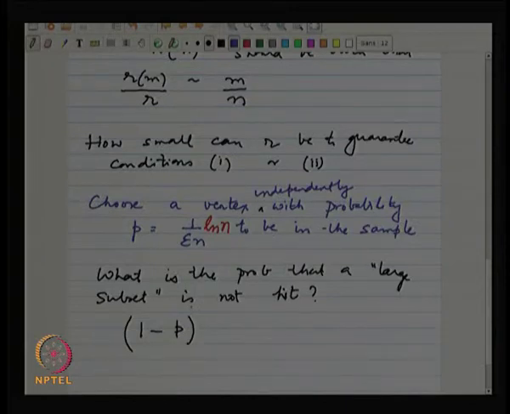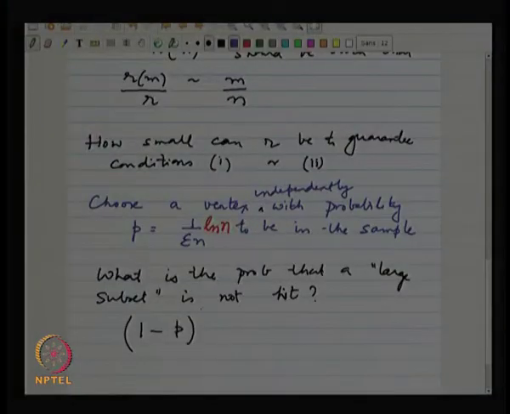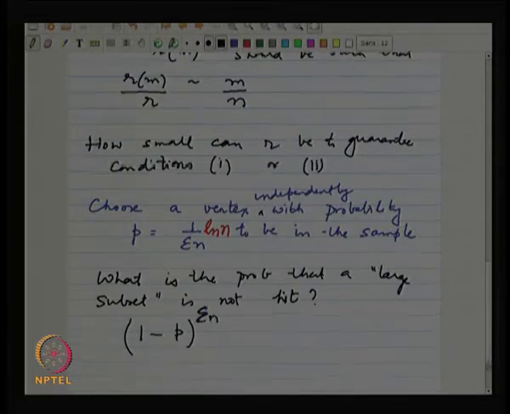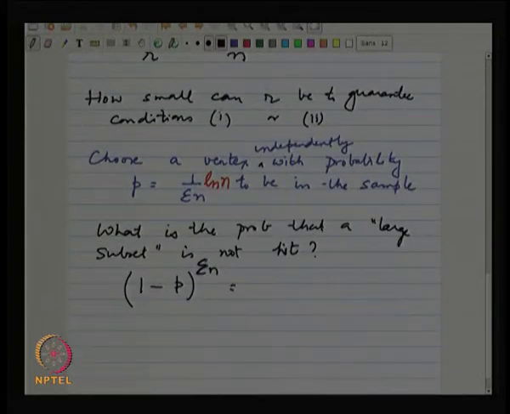Look at that particular large subset, each of those vertices is picked independently with probability p, and because we have not picked any of them, it means that all those epsilon n vertices have not been picked. So, to the power epsilon n. Now if it is a larger subset, the probability will be even smaller than this.